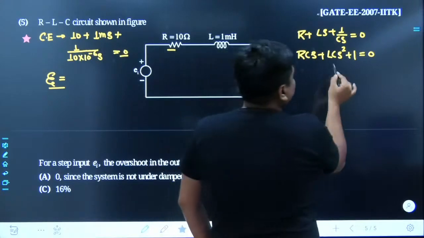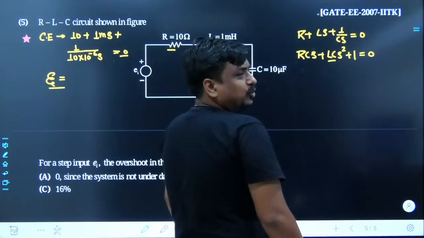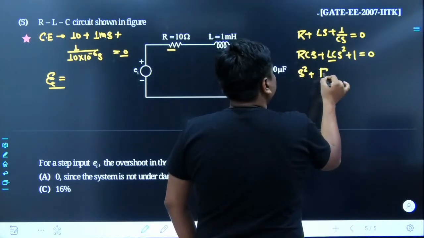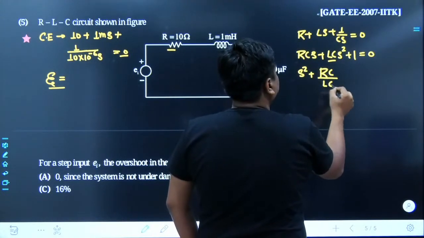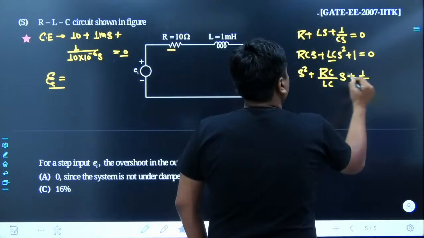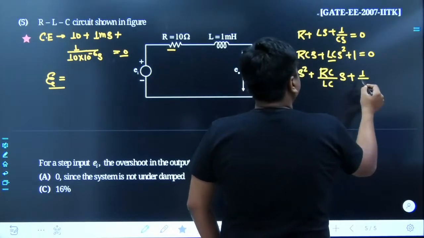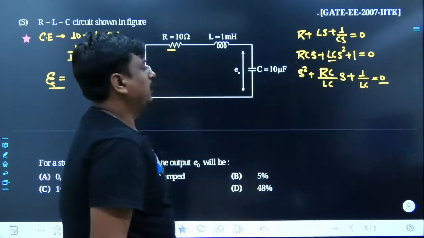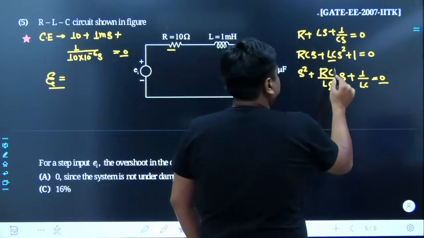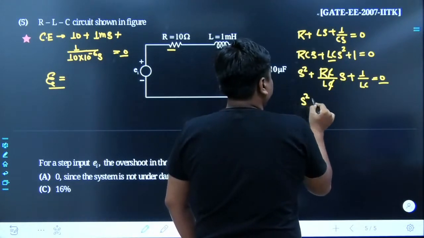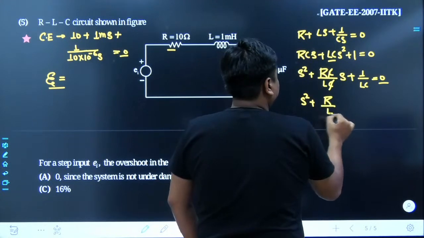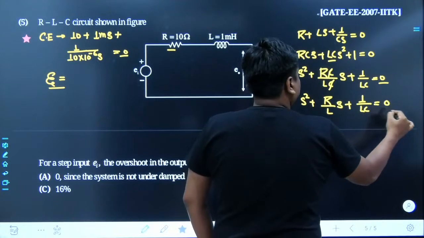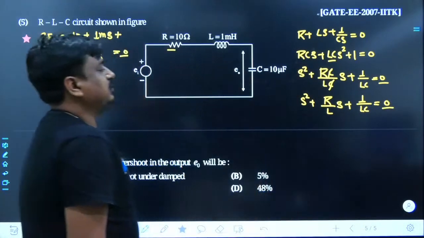Obviously this factor must be free from LC, so it would be divided by LC on both sides, and once it is divided, what happens over here is RC divided by LC of s plus 1 divided by what? LC equals 0. So here the C and C had been common, that had been knocked off. The factor which had been left out is 1 plus R upon L of s plus 1 upon LC equals 0.